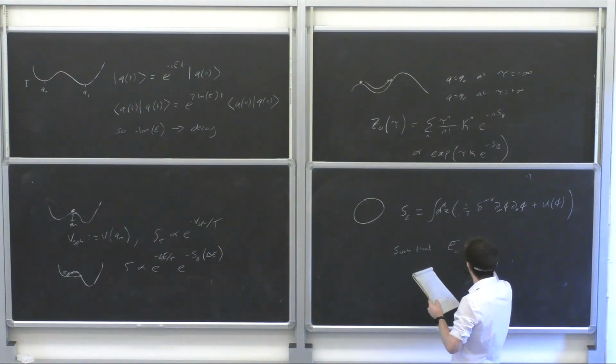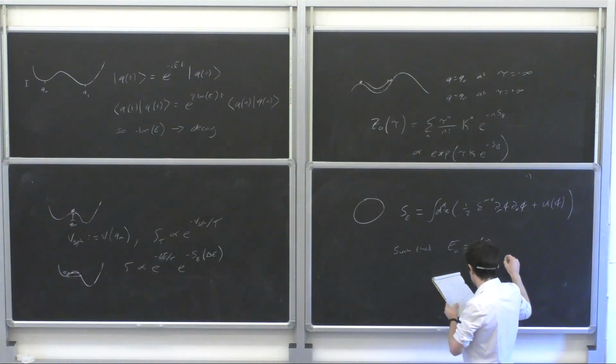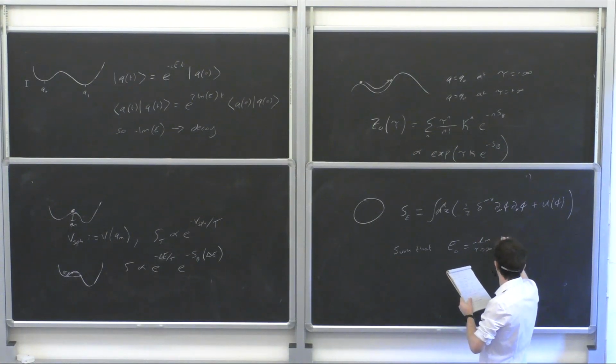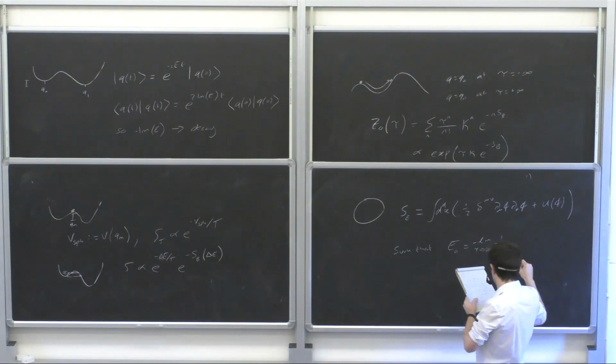Such that just like before, the energy is minus the limit as tau tends to infinity of 1 over tau.